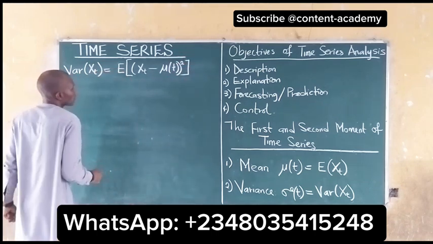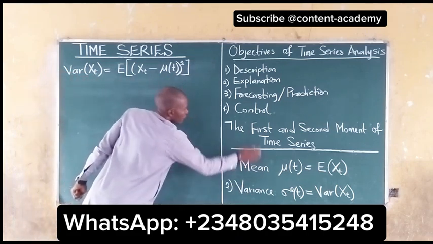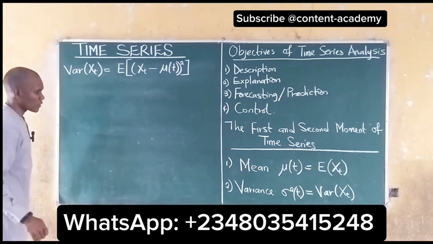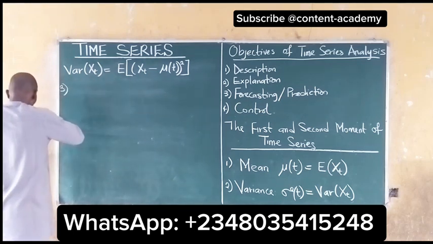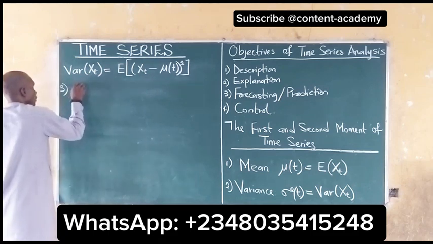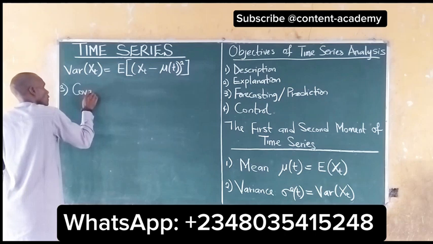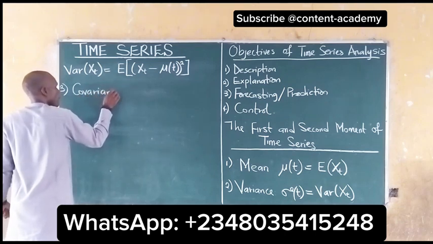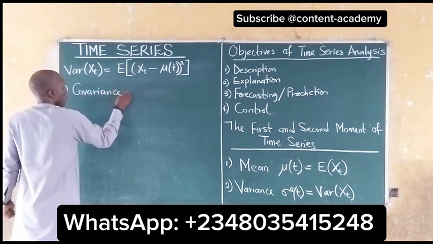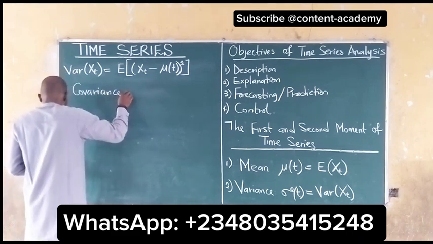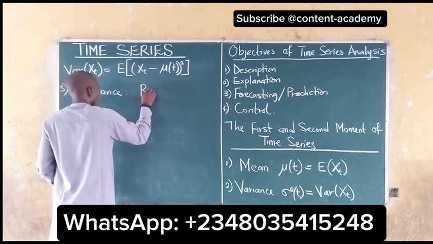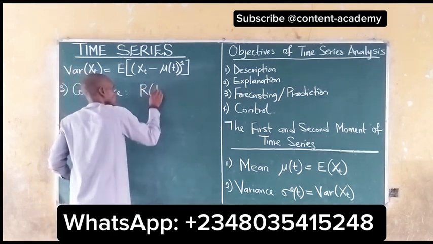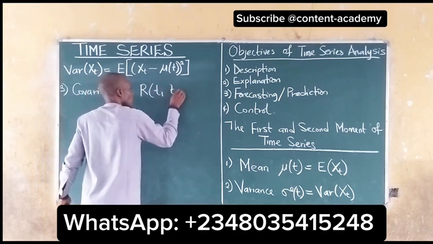So that's the variance for the first and second moments of the time series. Then we have the covariance, which we can denote as R of t1, t2.